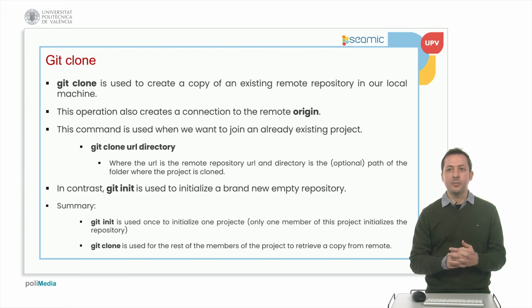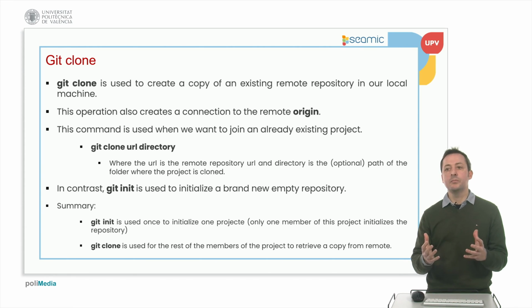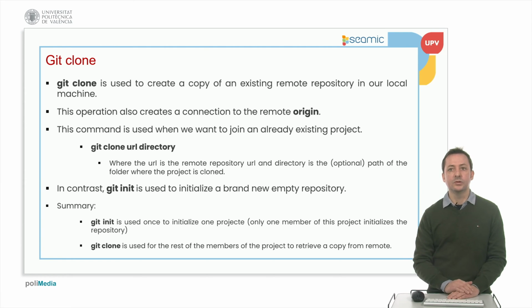And there is another operation related to remote repositories, that is git clone. Git clone is used when you want to bring to your machine a new repository that is created in a remote. So at the end, you have two ways of initializing a repository. One is the git init command that creates a brand new repository, which you can send to a remote.